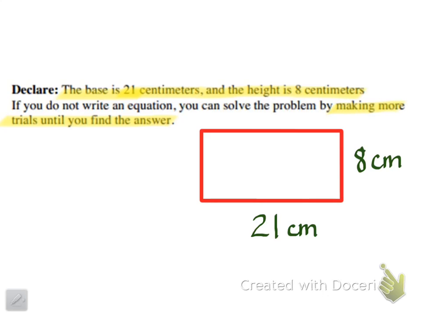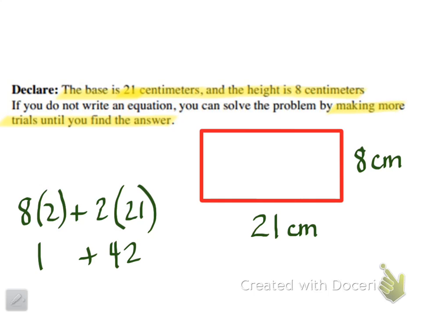So here we can easily find the perimeter if we want. We can set up our equation by doing 8 times 2 plus 2 times 21, and we ultimately get here 42 plus 16.